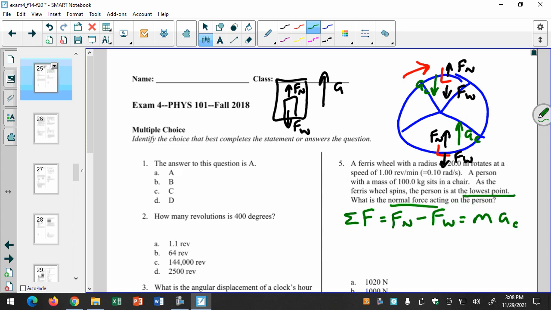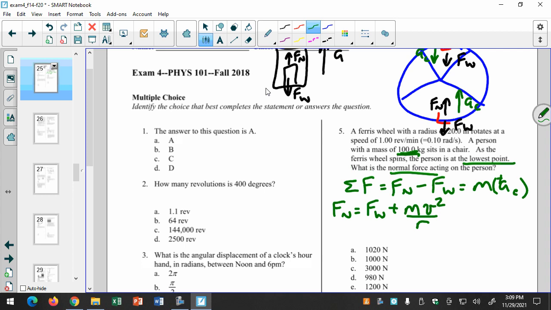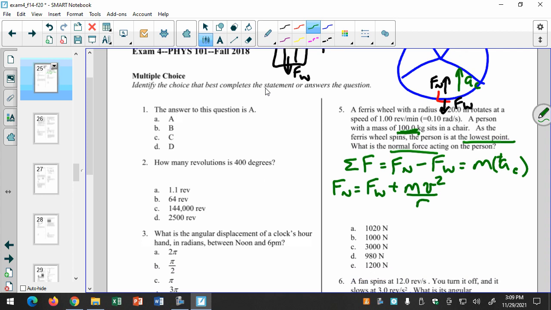This acceleration is my centripetal acceleration, and I'm going to put a little positive sign right here, just to remind me that that is a positive value. So then my normal force will equal the weight plus mv squared over r. Since my mass is 100 kilograms, my weight is 1,000 newtons.